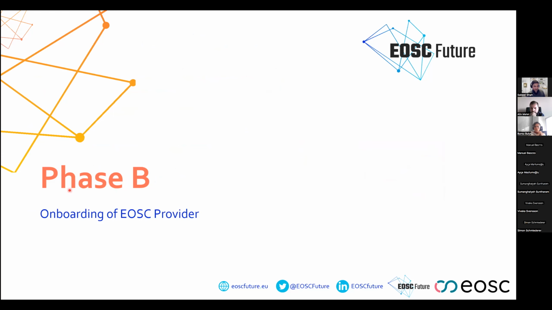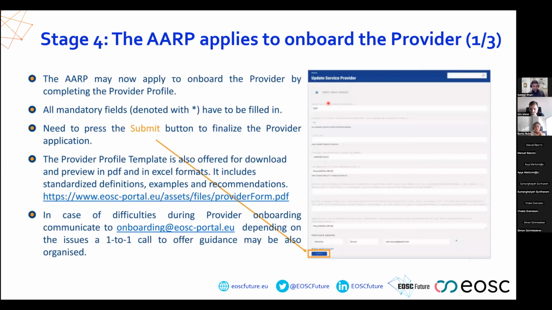And then in phase B, we can now fill in the credentials of our institute. Some of the fields are mandatory, which are marked by a star sign. And then we click the submit button.